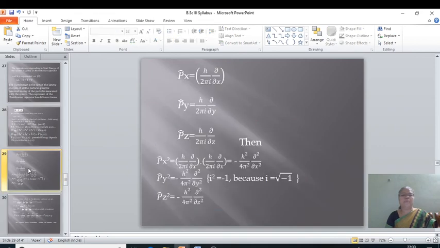Then the momentum operator is given as h upon 2 pi i into dou by dou x. Here the momentum operator along the y-axis is given as h upon 2 pi i into dou by dou y, and the momentum operator along the z-axis is given as h upon 2 pi i into dou by dou z.